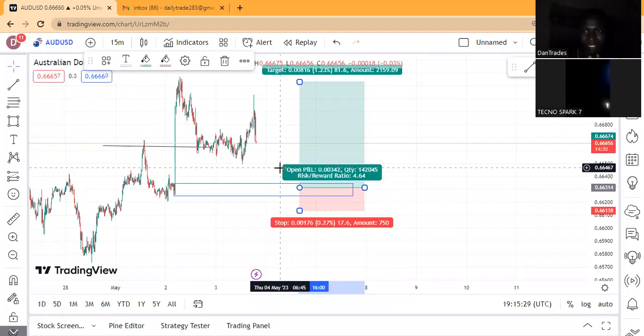I think TechnoSpark 7, is that Vitalis? I believe you can hear me. Are you connected to the audio? I think there is an issue with your network there. I can see that you are just connected to the audio. Yeah, I would like to hear from you. Hello, sir. Yeah. In fact, I've been longing to hear from you.